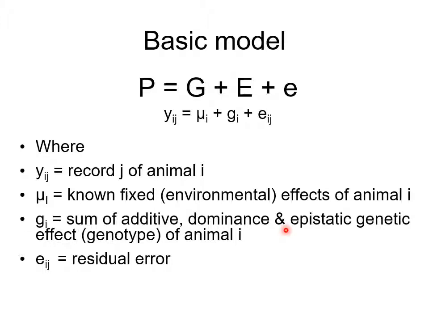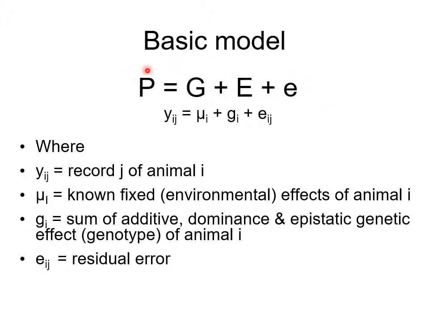The basic model describing the variation in recording or measurement or observations that one gets when you compare animals. So as you all know, the fundamental equation in breeding would be P equals G plus E, and then one also sometimes has some sort of error or unknown variation that you cannot fix to one of these effects.